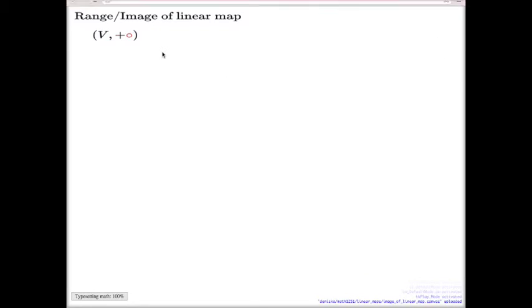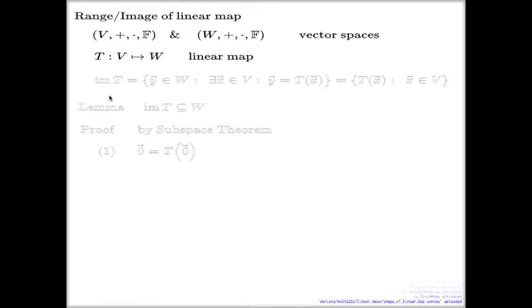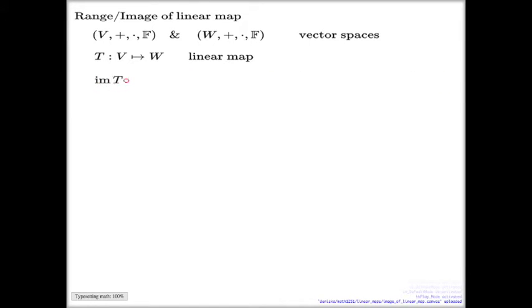I'll start off again with the same setting. I have two vector spaces with the same set of scalars, and a linear map. So we know what a null space is for this setting. The image or the range of this linear map, that's the definition, that's the notation, Im T. We often use the letters Im to stand for the imaginary part of a complex number.